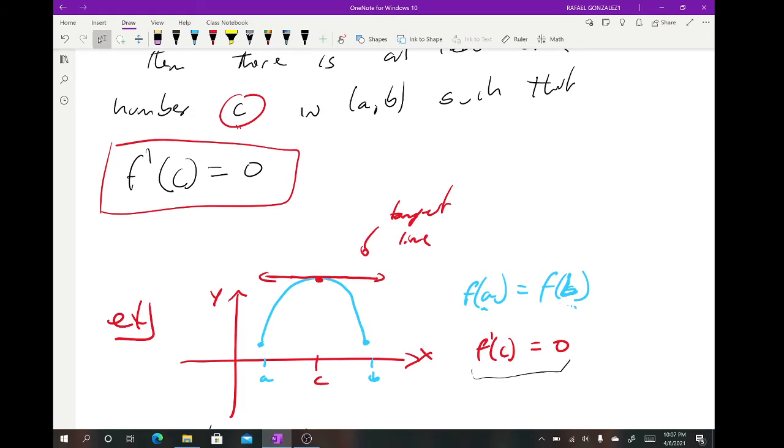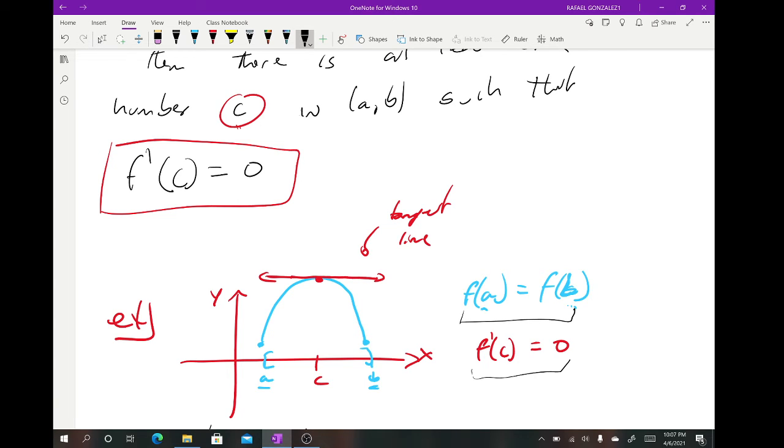So for example, if you're given the blue function right here, the blue line, on the closed interval [a, b], we know that this function is continuous because it's a smooth curve. There are no breaks in it. Because it is a smooth curve, we know that it's differentiable everywhere. And because it is both continuous and differentiable, we just have to check one more factor to see if Rolle's theorem applies, and that is whether f(a) is equal to f(b).